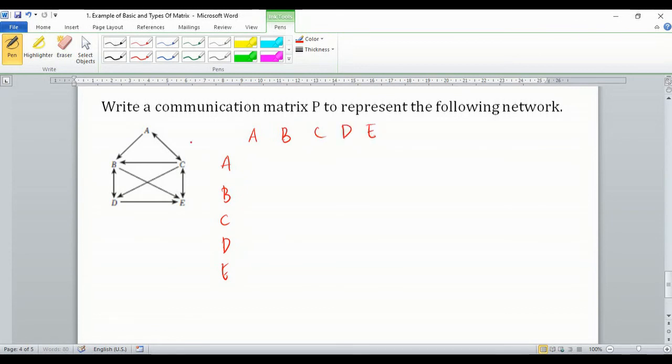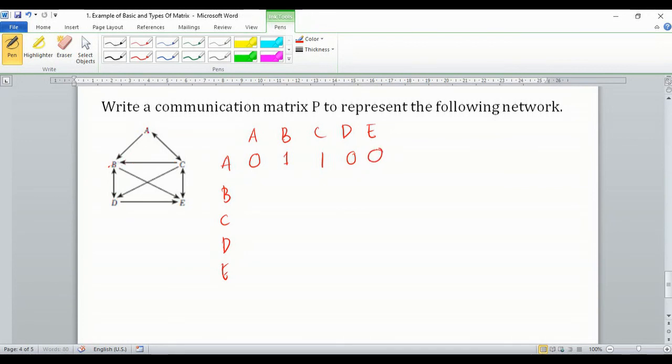Okay. So from here, A to A, there's no A to A, it's 0. A to B, it's 1. A to C, it's 1. A to D, no connection. A to E, no connection.